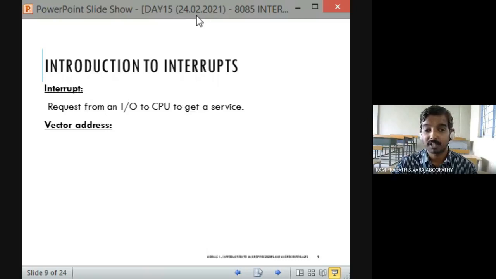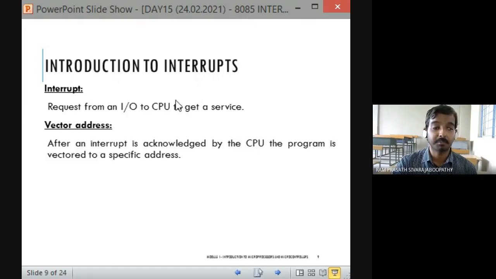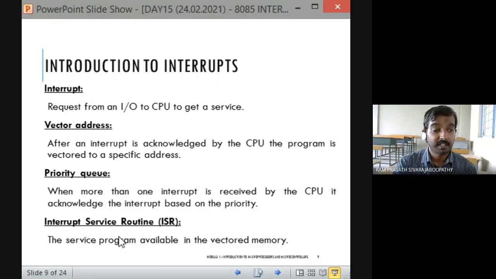What Anthony Surya typed, the address where the ISR is stored, is right. The interrupt service routine will be there at a particular address for each interrupt. We call it the vector address. After an interrupt is acknowledged by the CPU, the program is vectored to a specific address. At that address, we will have a program that we call the interrupt service routine.